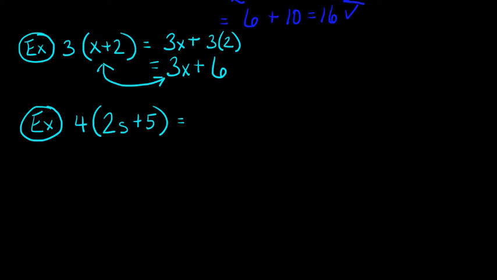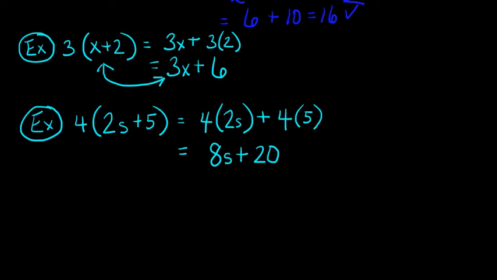So we're going to say 4 times 2s plus 4 times 5. We can work some of this out now. 4 times 2, I know, is 8. So that's 8 times s, 8s, plus 4 times 5 is 20. So this is equivalent to 8s plus 20.